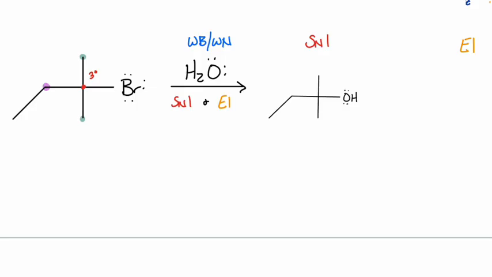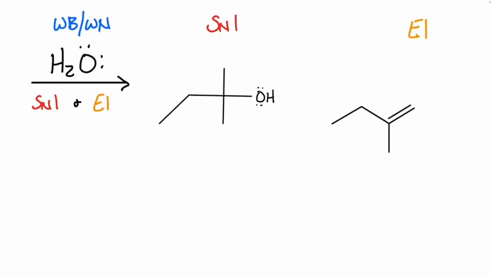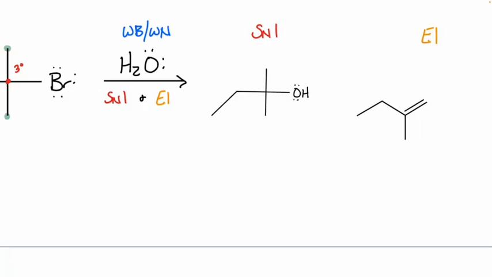All right, so our possible products here are either going to be one of these terminal alkenes, or if instead we moved that double bond to the middle.